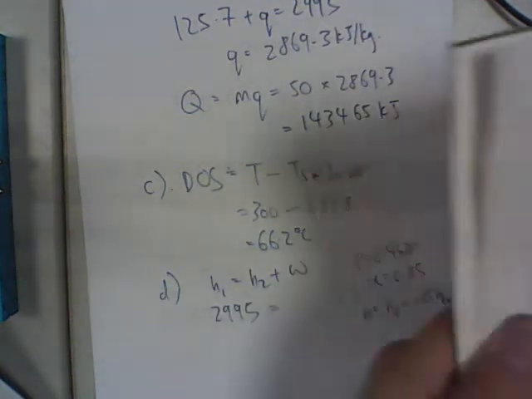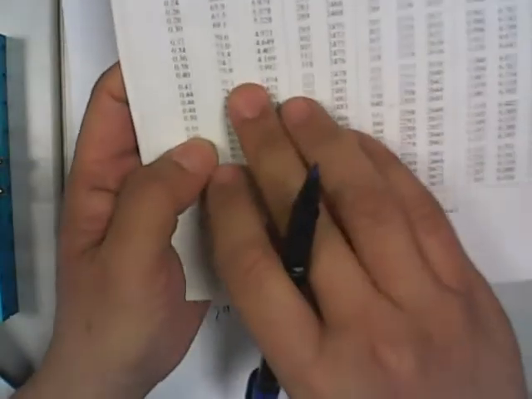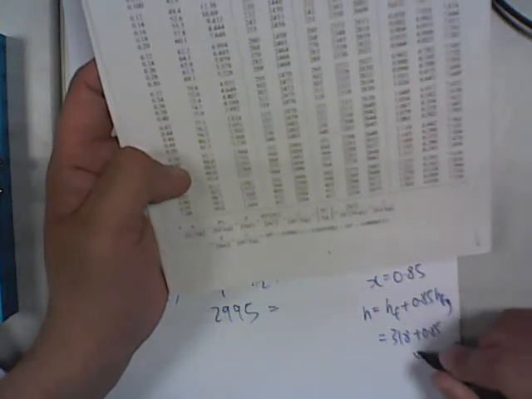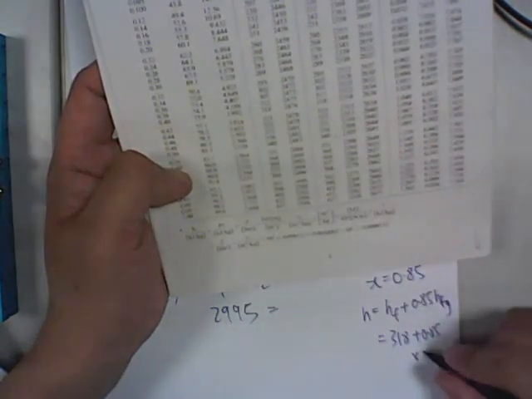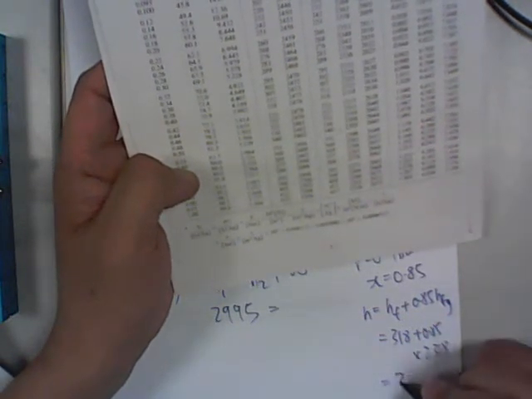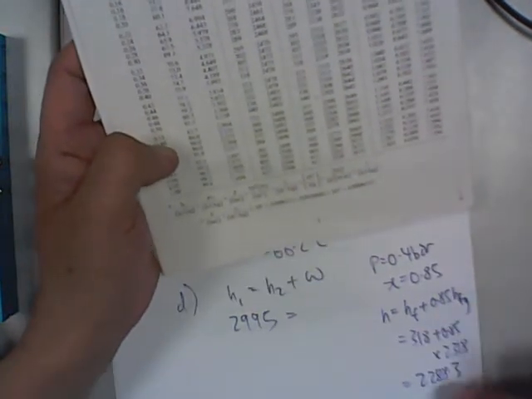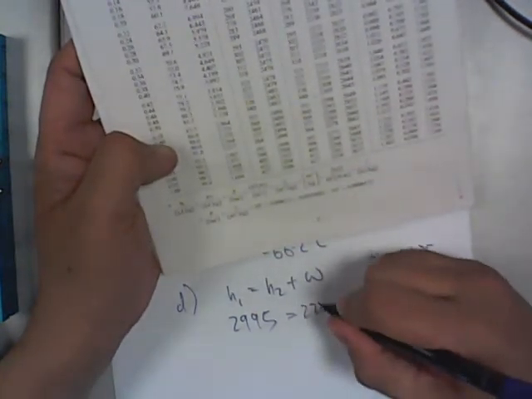Okay, so we're just going to go for 0.4 bar. Okay, here. So the H is here. 318 plus 0.85 times 2318. Okay, this will give you 2288.3.